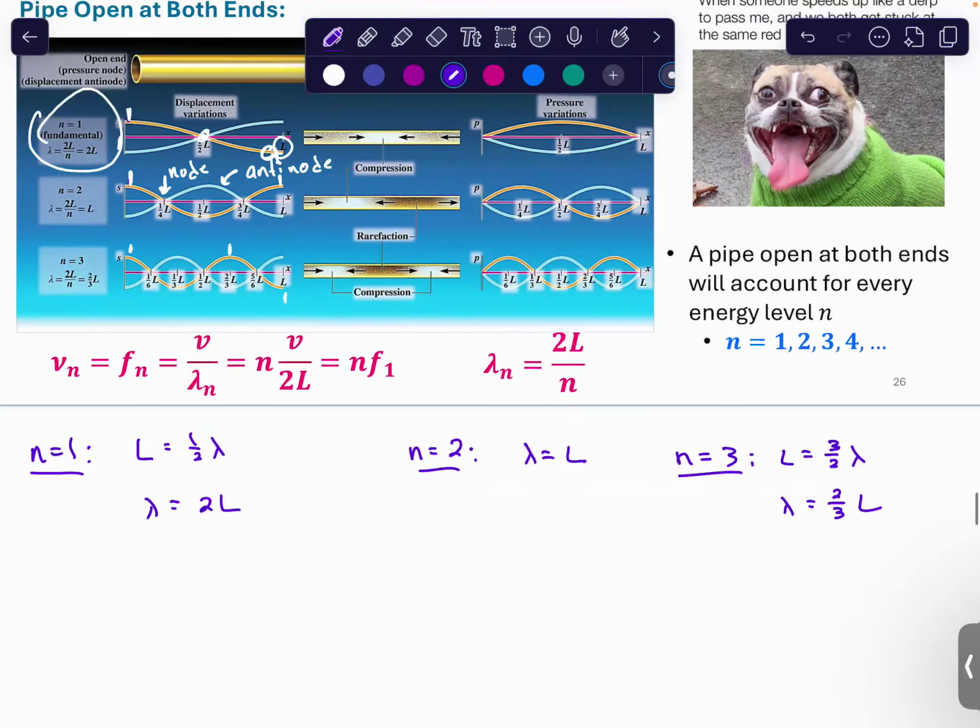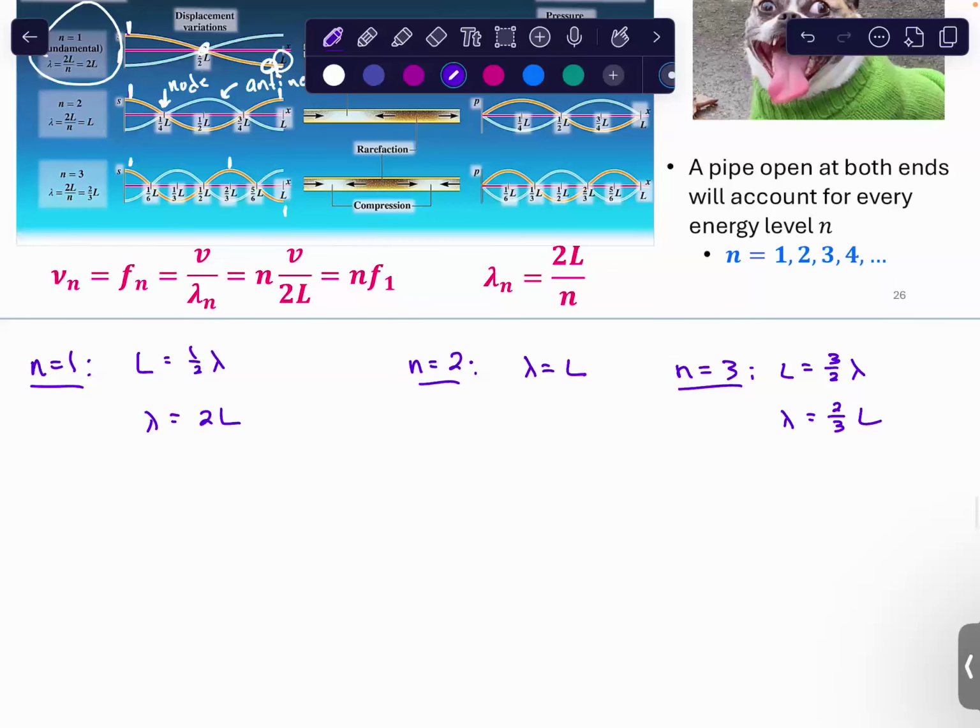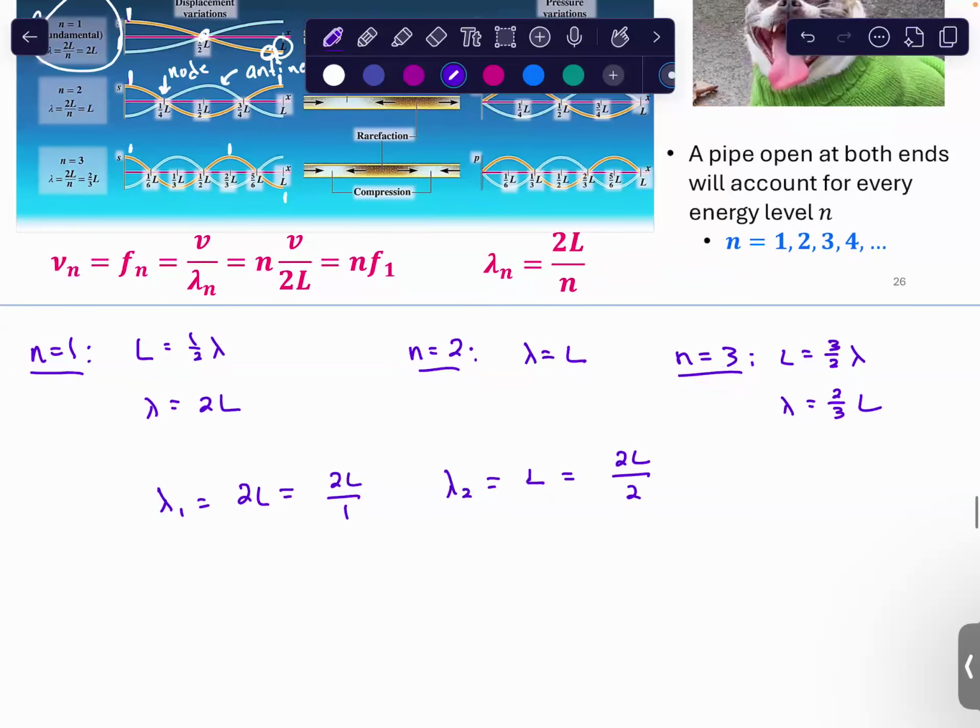So when you put all that together, that's where you say, well, if I look at N equals 1, lambda 1, that's 2L or 2L over 1, but it becomes more apparent if I say lambda of 2 equals L, or 2L over 2, so on and so forth, until you end up with your equation here.